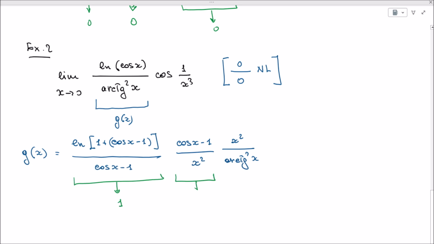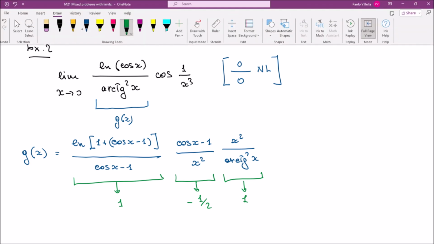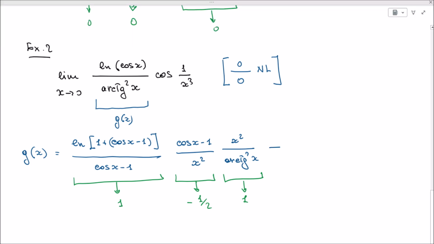These limits tend to minus 1 over 2, and this tends to 1. So we can conclude that g of x is now converging to minus 1 over 2.